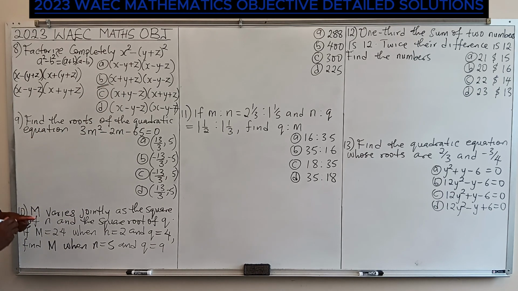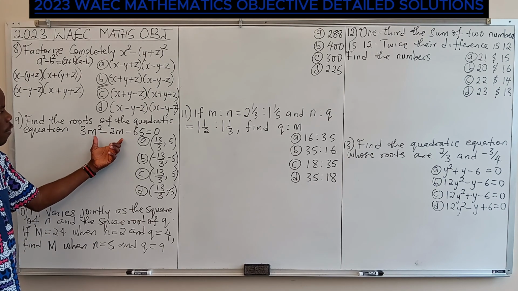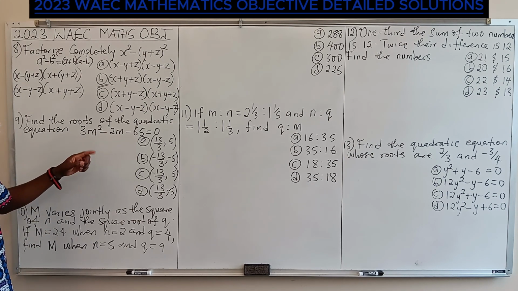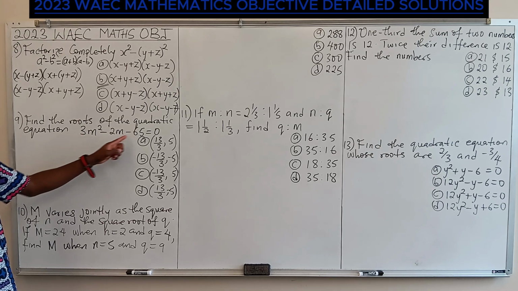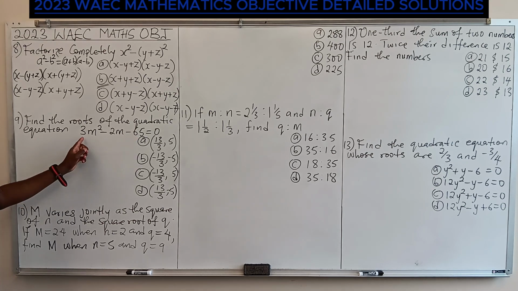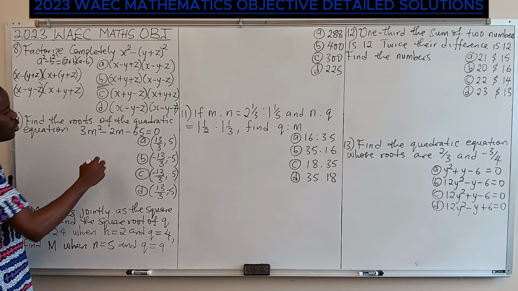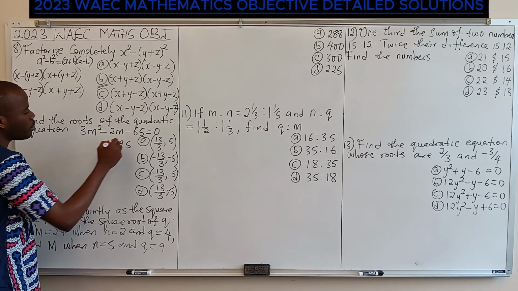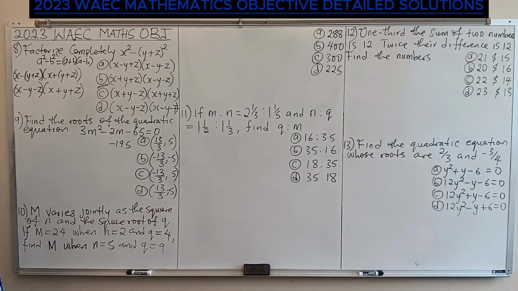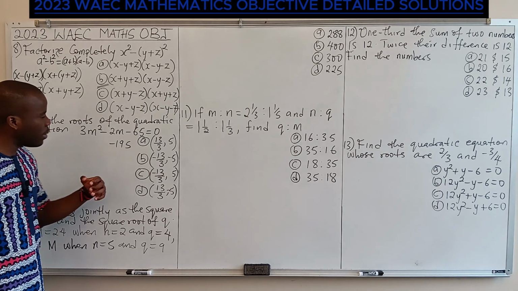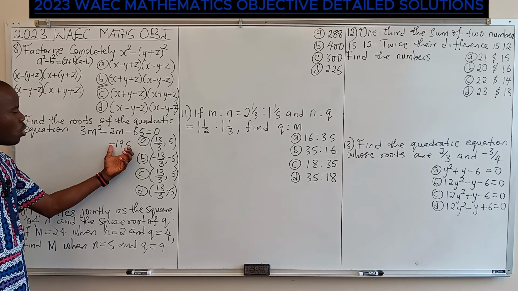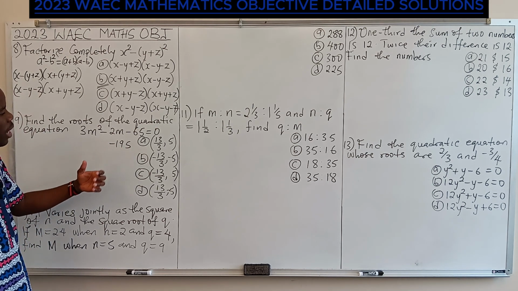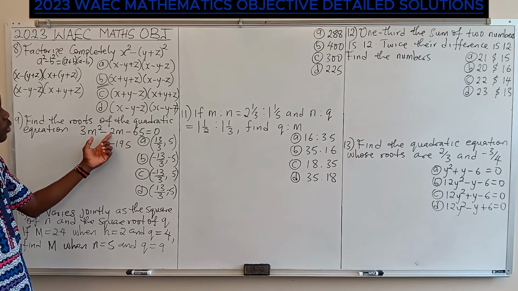Next, we are asked to find the roots of this quadratic equation. For us to find the roots, the first thing we do is to multiply 3 by minus 65. 3 times minus 65, you should get minus 195. And so you look for two numbers which when you multiply them, you get minus 195, and when you add them together, you get minus 2.